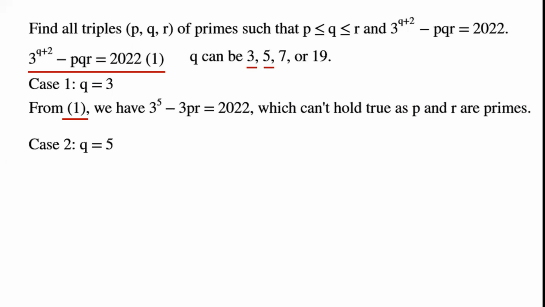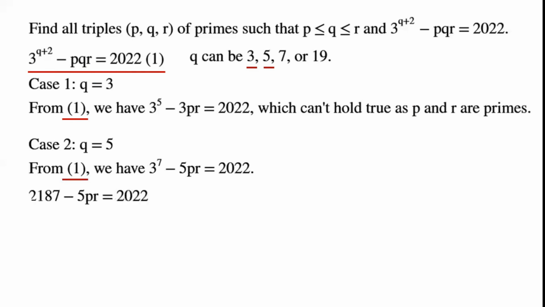Case 2, Q equals 5. From equation 1, we have 3 to the power of 7 minus 5PR equals 2022. 3 to the power of 7 equals 2187.